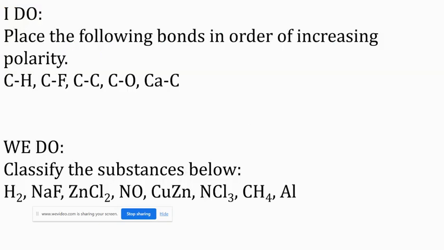All right, place the following bonds in increasing polarity. So these are all with carbon. And essentially what I'm doing here is I'm looking at what's at the end and the differences there, or in this case, the beginning. So increasing polarity, which one is going to have the highest polarity? CCl. Carbon chloride.